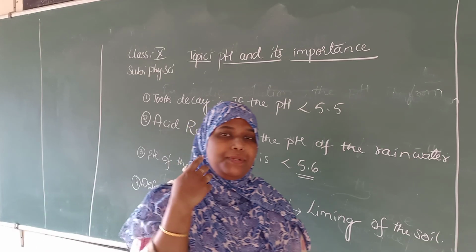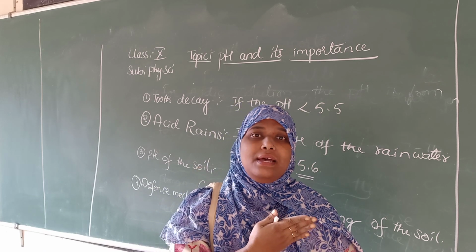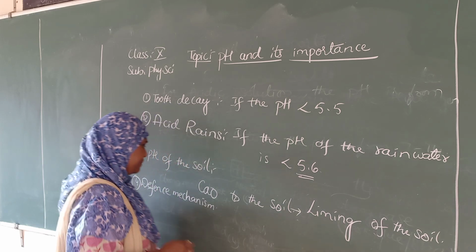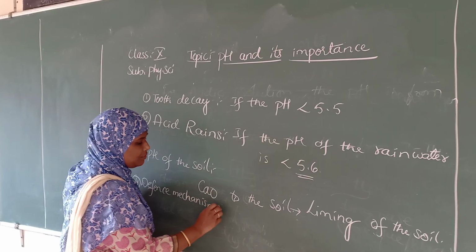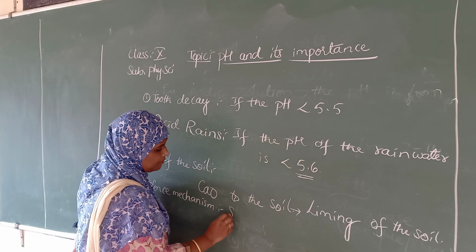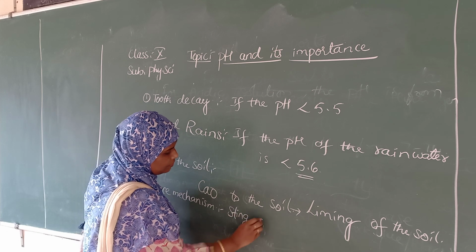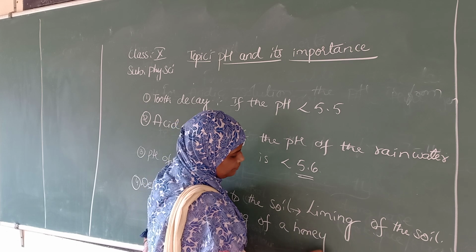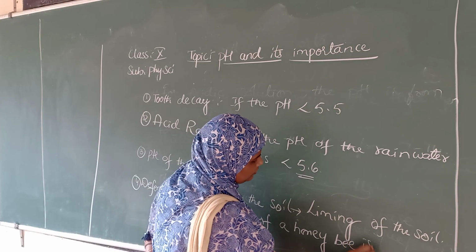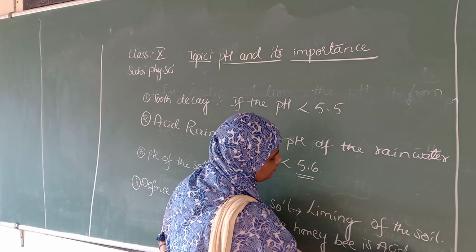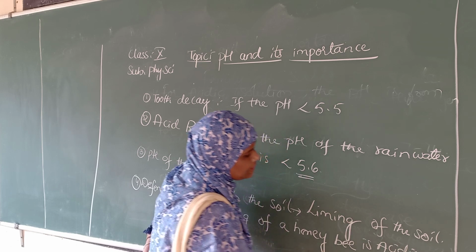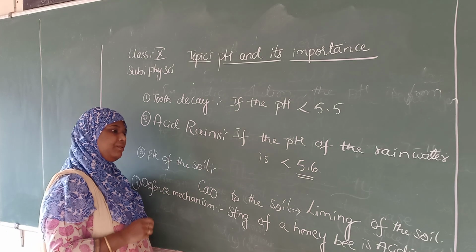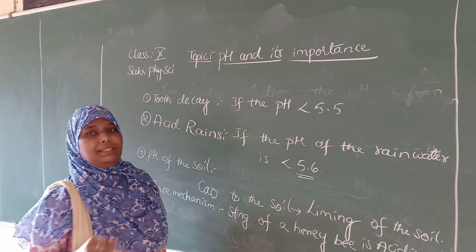They use substances which are either acids or bases. The sting of a honeybee is acidic because it injects methanoic acid, whereas the sting of a wasp is basic.